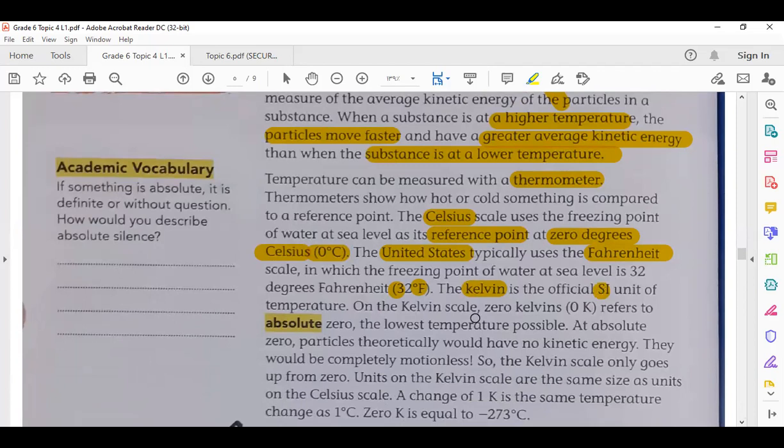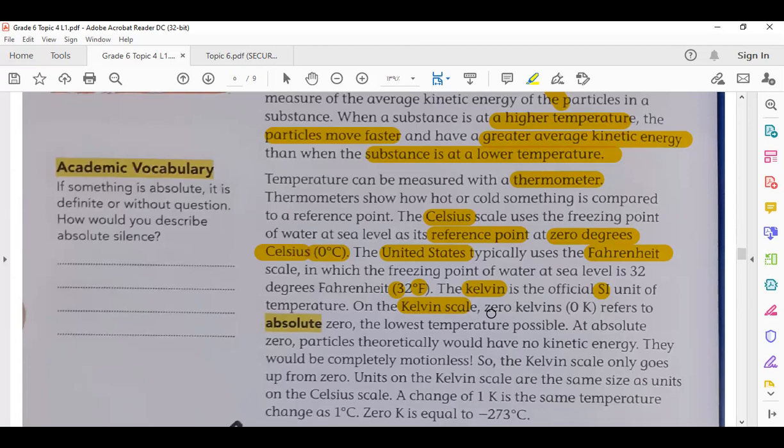You have to know that 0 Kelvin is not equal to 0 degrees Celsius. It's completely different.